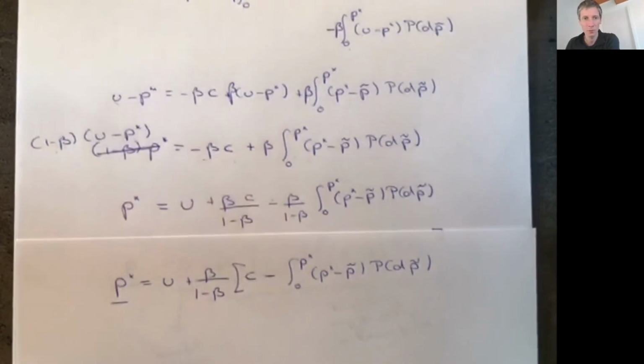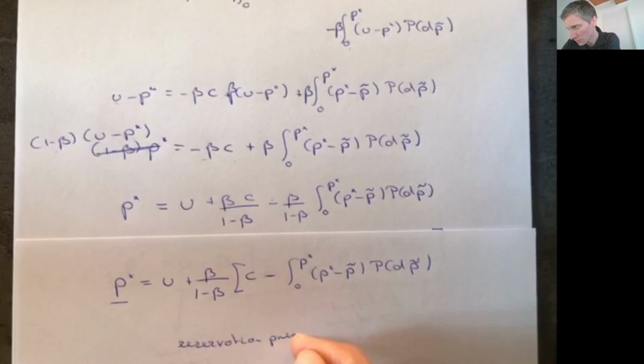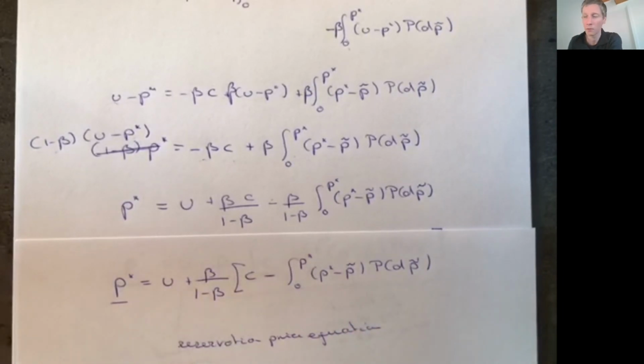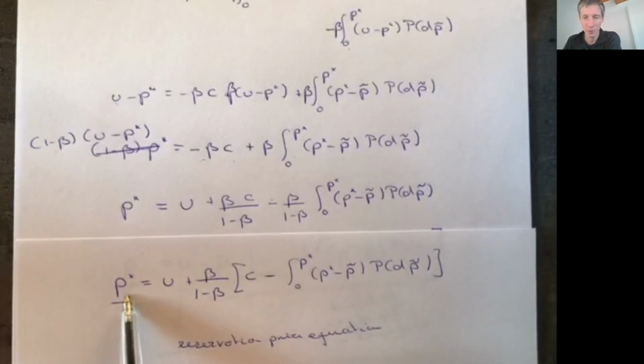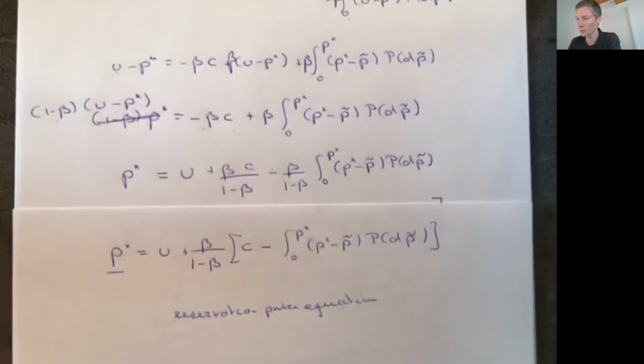This is also called the reservation price, and you can call this the reservation price equation, or the fundamental reservation price equation. So it's not a closed form solution for p star, because p star is also here and here. Okay, but at least it gives you the trade-offs between having a higher or lower reservation price.